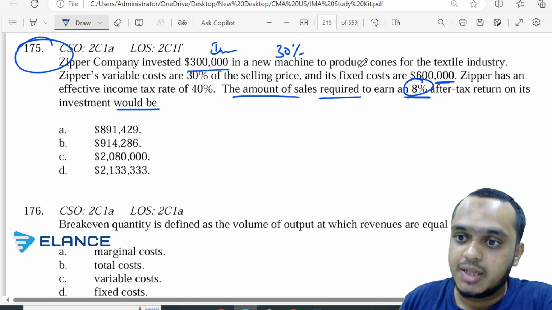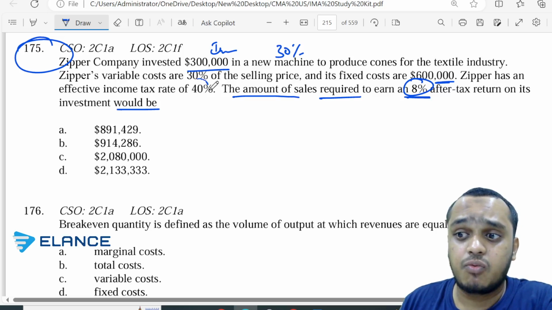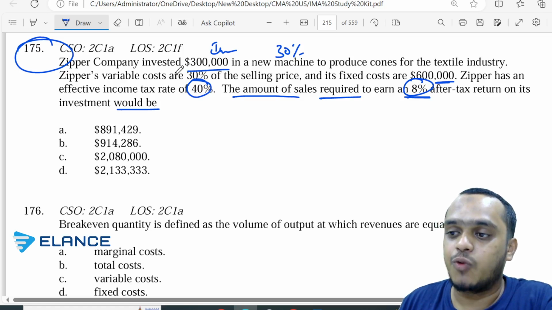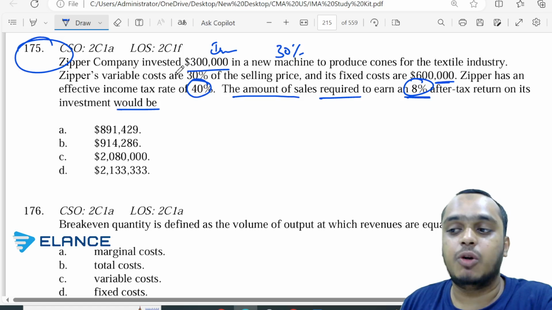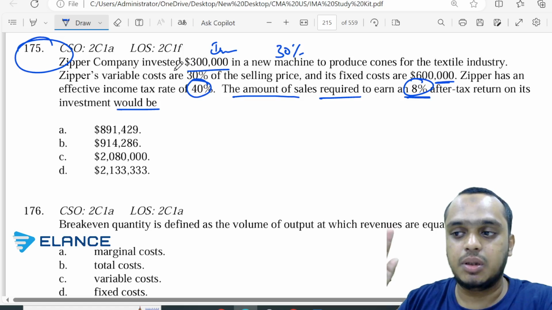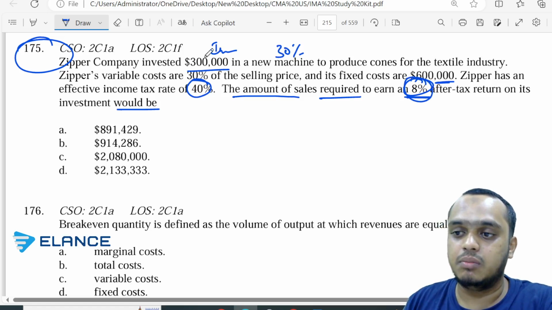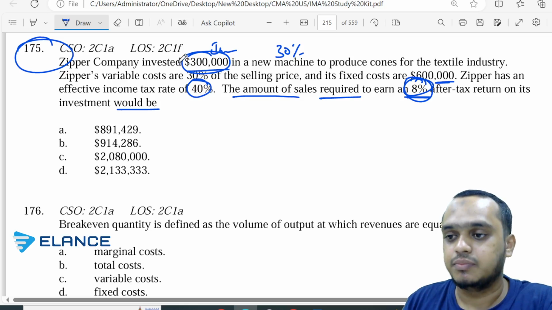Zipper has an effective income tax rate of 40%. And now I need to find out how much amount it should earn so that it's able to pay 40% income tax also, and it should be able to earn 8% return on 300,000.